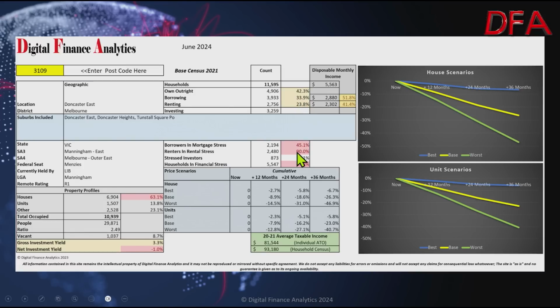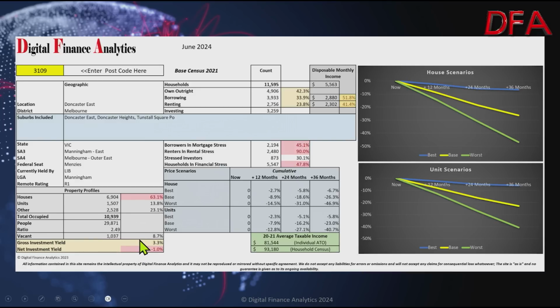Mortgage stress is at 45%, rental stress is at 90%, and overall financial stress is 47%. Property mix, 63% houses, quite a few units and other types of property there too. The people ratio at 2.49 is saying houses with families. The vacancy rate is about average at 8.9%.